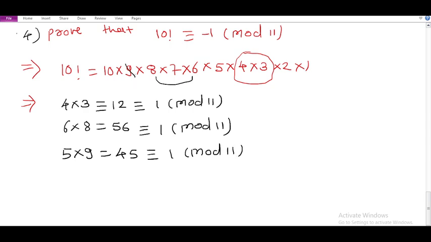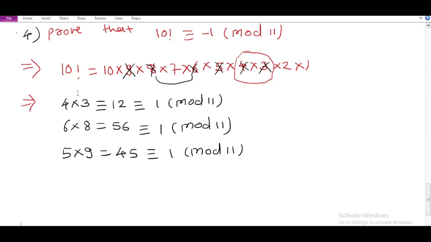So 9 is gone, 5 is gone, 8, 7, 4, 3 are gone. There is one correction: actually here it is not 6 but 7, sorry, 7 times 8 is 56. So 7 is gone, 6 is there. So 6 into 2, which is equal to 12, is congruent to 1 mod 11.